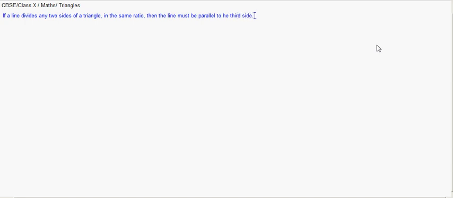There we were drawing, and it looks parallel to the third side. Previously we had seen that we were drawing the line parallel and proving them to be proportional. Herein the proportionality is given and we will be proving the lines to be parallel.